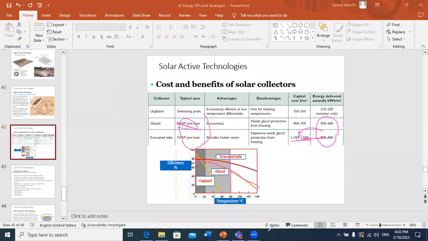And in case we have other applications, for example some industrial applications where you need very high temperatures of waters, then you can see that the evacuated tube presents the best performance because the reduction in energy efficiency with temperature is reduced a lot. So you can keep even for 140 degrees, when you reach such large temperature, the efficiency is above 50%.